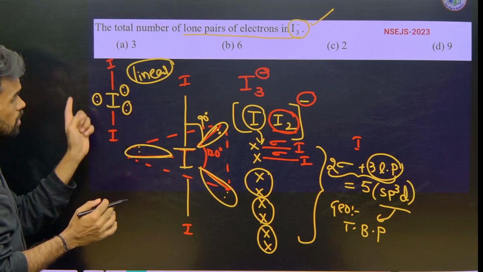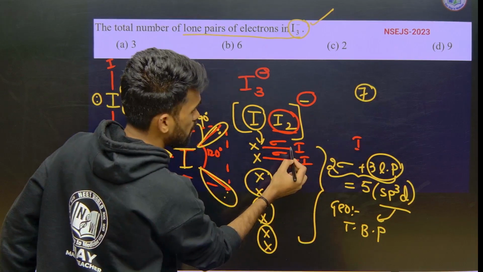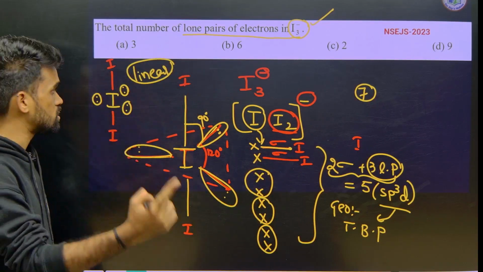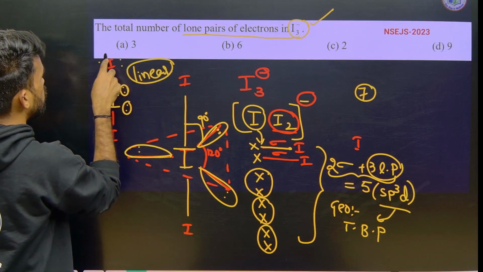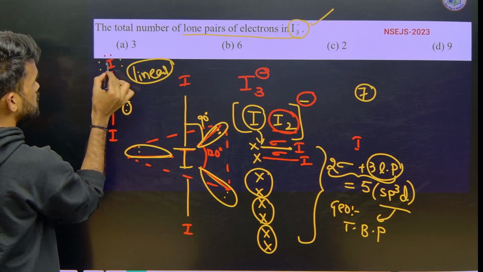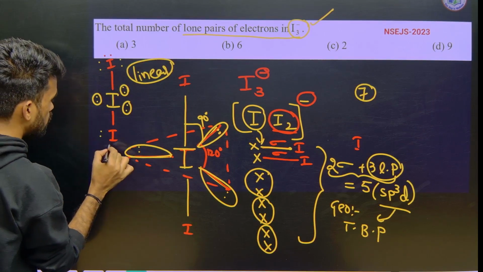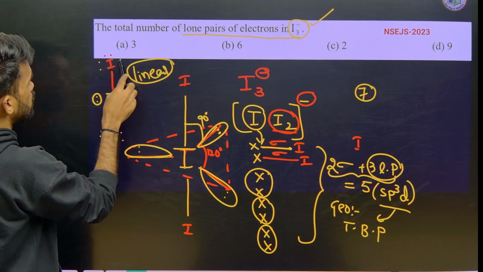See, the surrounding iodines also have 7 valence electrons, but one electron is utilized for bond formation. The remaining 6 electrons are there. 6 electrons means 3 pairs on each iodine atom. Here also 1, 2, 3. So how many lone pairs? 1, 2, 3 pairs.